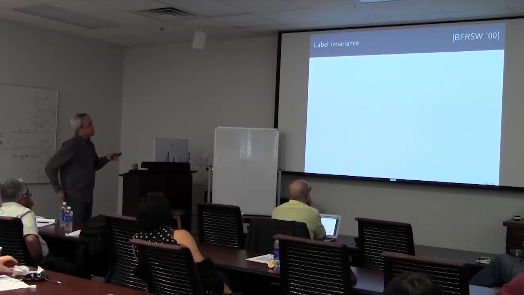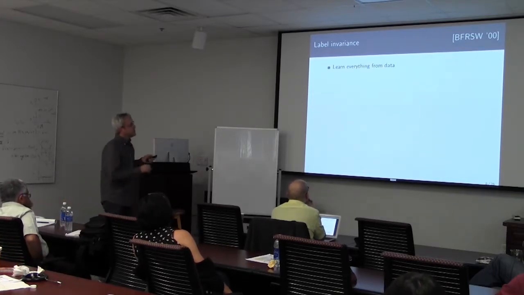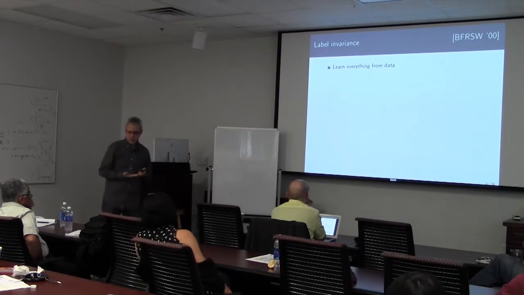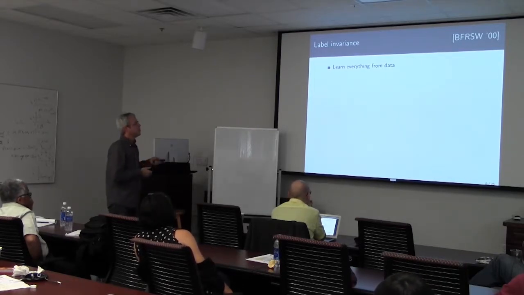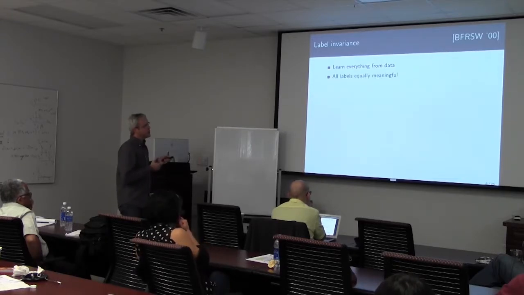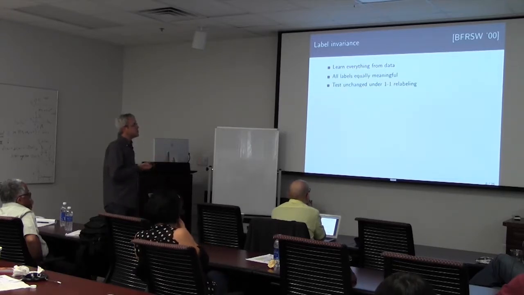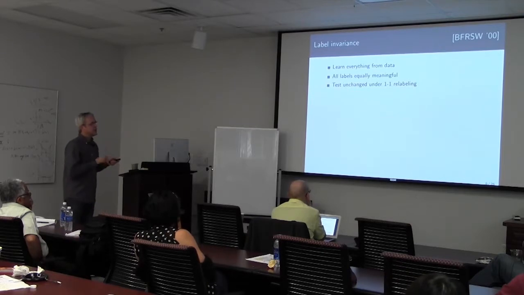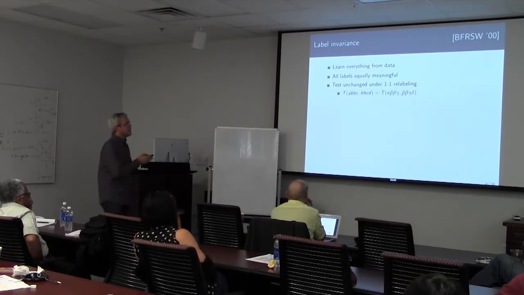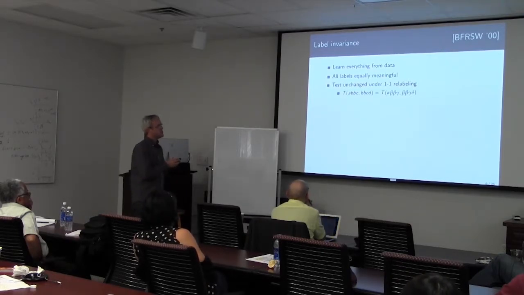And another second observation is about label invariance. So we're going to learn, as we always do in machine learning, we learn everything from the data. Okay? So all labels are equally meaningful. There's no distinction between them. So the test should be unchanged under one-to-one relabeling. What do we mean by that? So for example, if I give you these two sequences, A, B, B, C, and B, B, C, D, then maybe you test, remember it's IID, your test might say that these two are generated by the same distribution because you see the same number of C's and B's and so on.